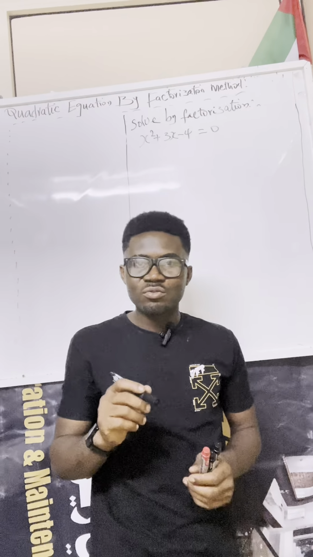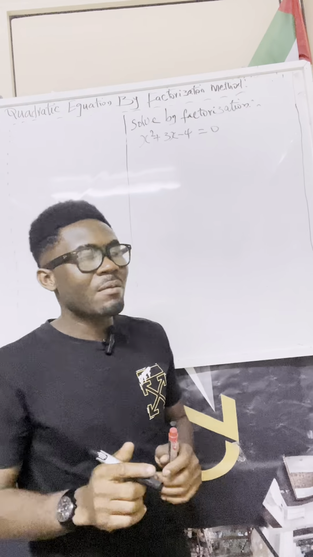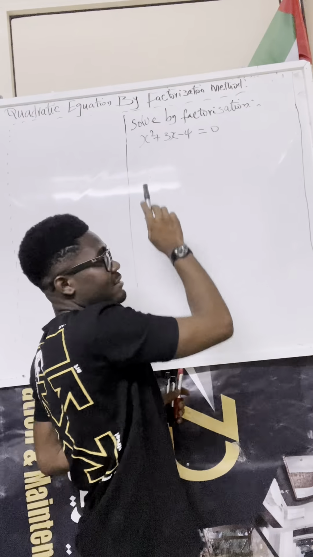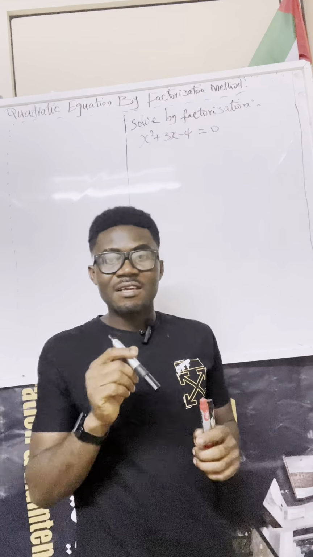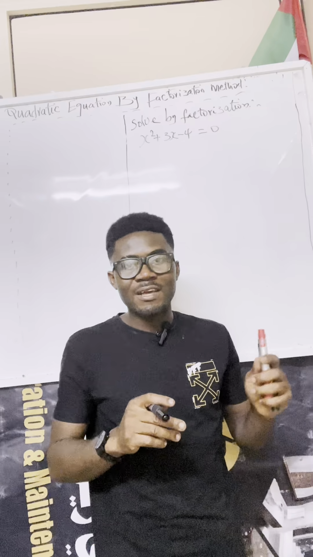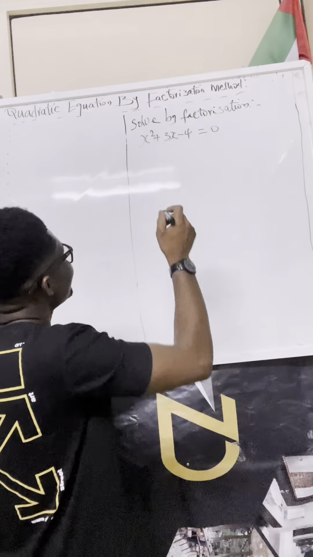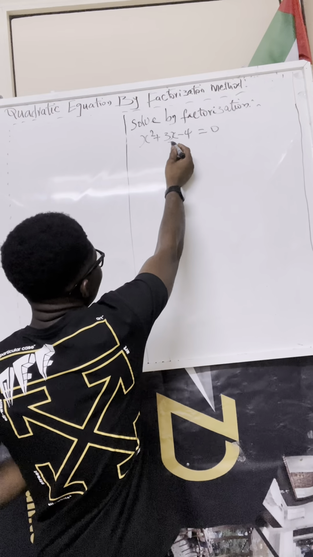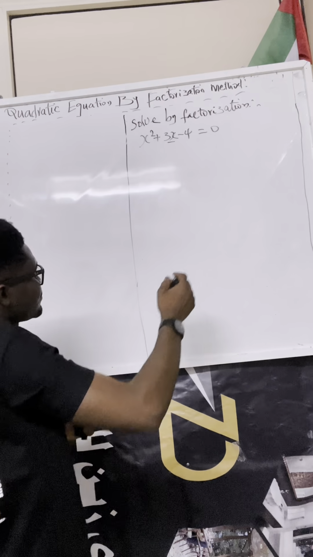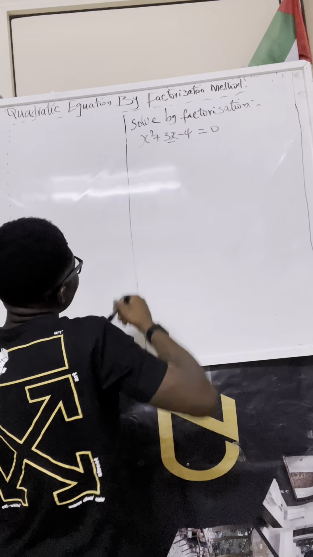The first thing you need to do is consider the middle term, and that middle term is 3x, because the highest power of x there is 1.